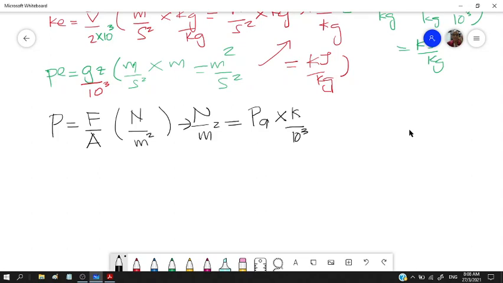So this is called the conversion, or in this case, the prefix we use. So right here we have kPa, meaning that this 1000 we must put right here. So this is an example of how we convert the units involved.